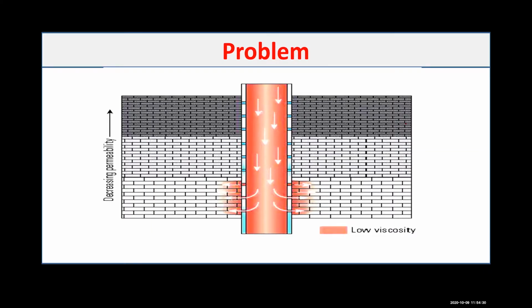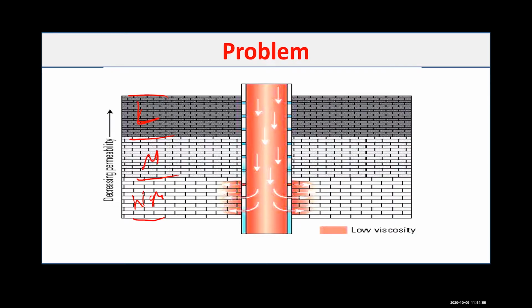Imagine I have a wellbore like in this cartoon, and I'm bumping acid. Like any fluid, it will go first to the high permeability formation. Imagine I have 3 types of layer: this is high, this is medium, and the top layer is low permeability.